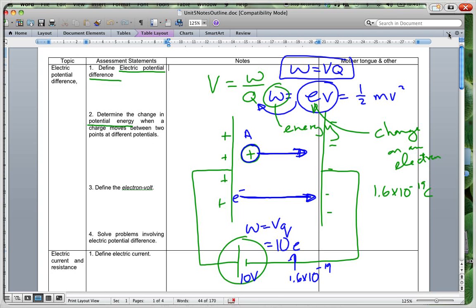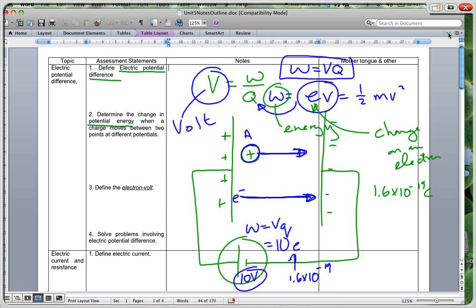So what is the difference between W and V? V is your energy per unit charge. This is your volt, your potential difference. This is the energy per charge. Now we use that if I'm talking about a 10 volt cell. Basically, what it means is that per coulomb, your charge gains 10 joules of energy.